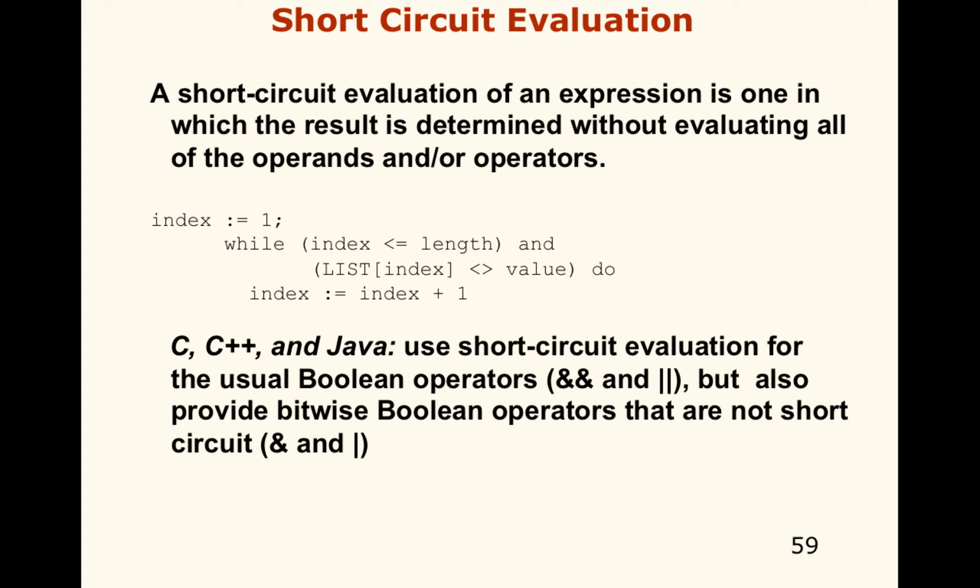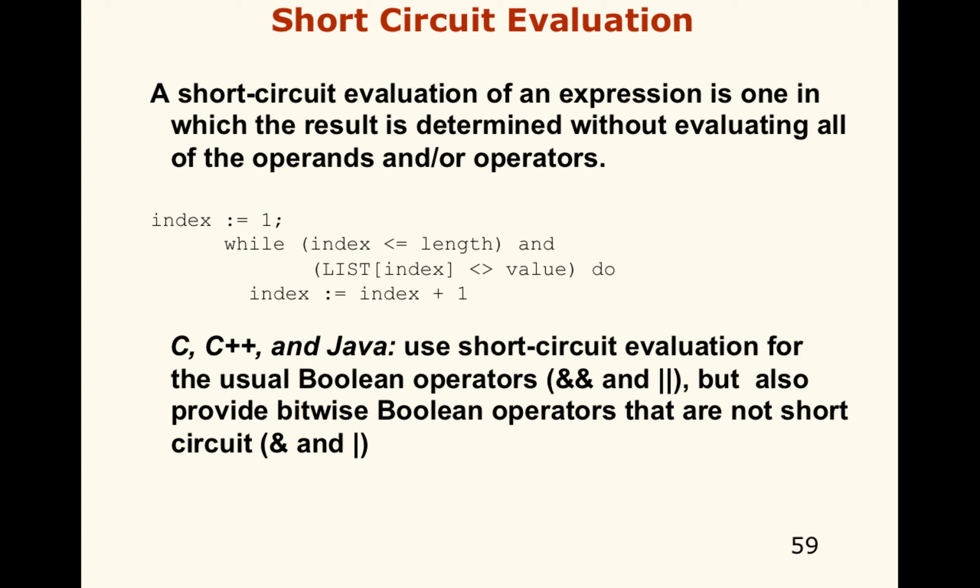So you can use the single ampersand or the single or for not short-circuited. You can turn the short-circuiting off if you'd like. If you don't want it to end, you want to continue with the evaluation, then you use the single, which is the not short-circuit. Otherwise, you're going to be short-circuiting it if you use the double ampersands or the double or operators.